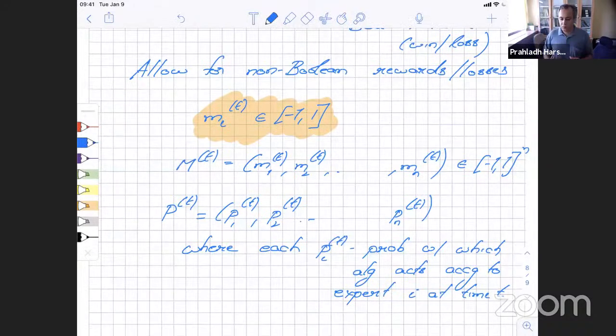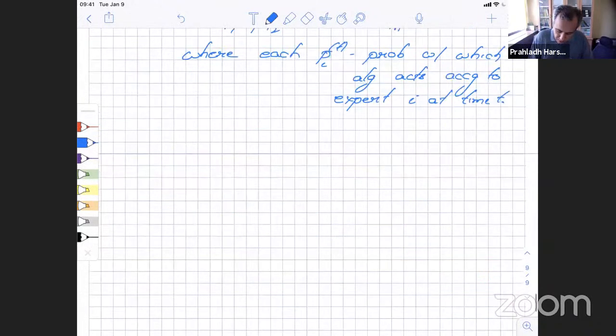Okay. So now let's state the MW algorithm. As before, there's a parameter eta.